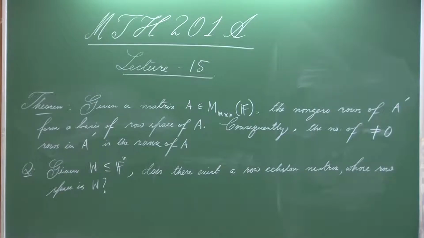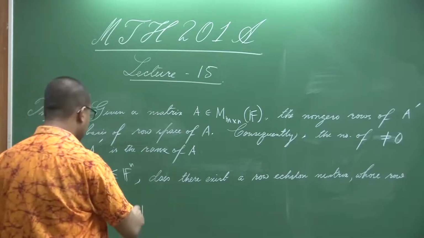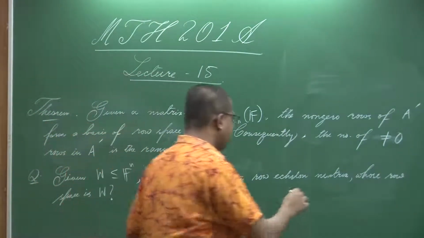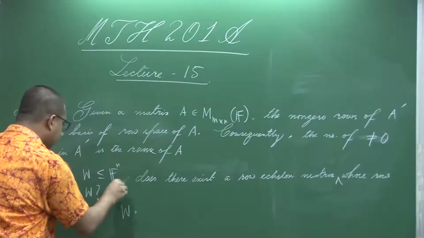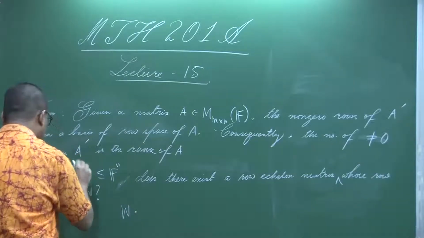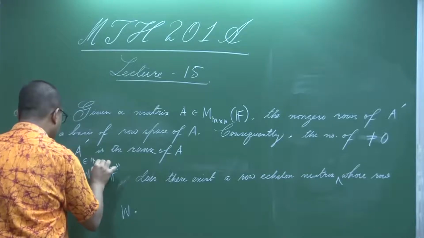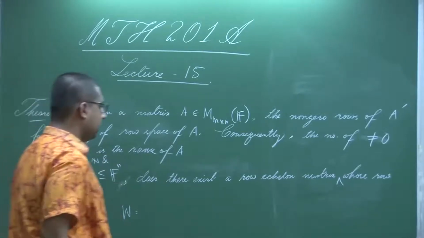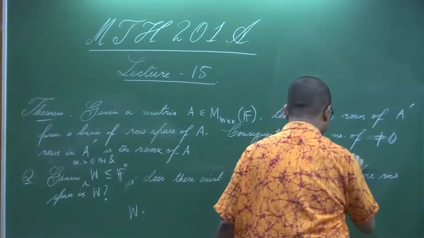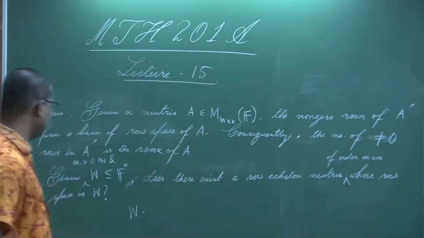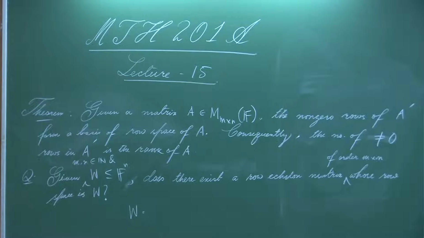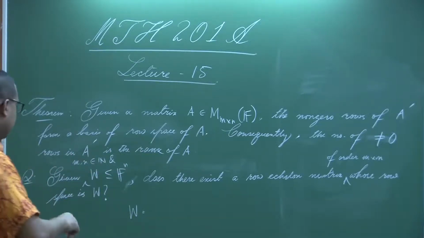Given a positive integer m, we want an m by n matrix, a row echelon matrix, whose row space is W. That is actually easy.